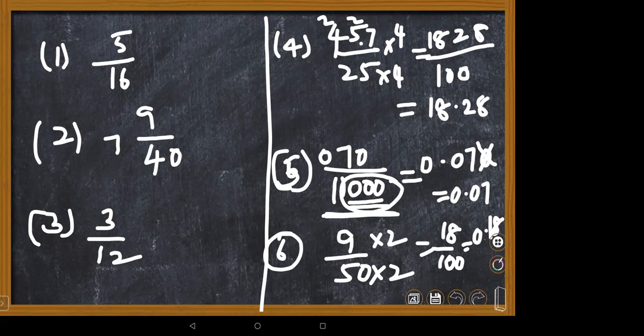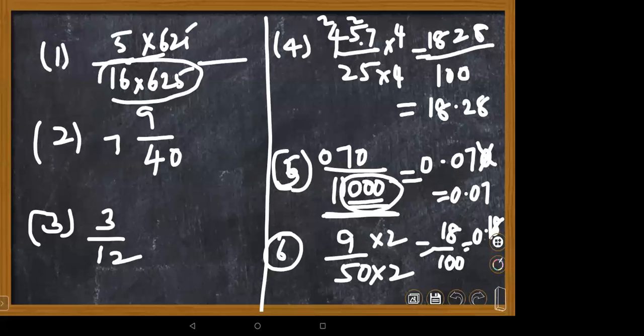Now this is also very simple. I gave 16 by 10,000, and you just multiply both sides with 625. Why? Because these two are friends. The denominator is 10,000. 625 into 5.